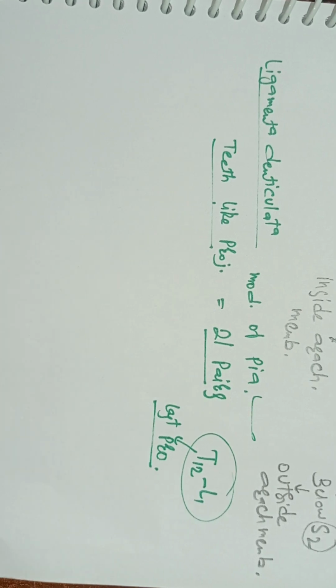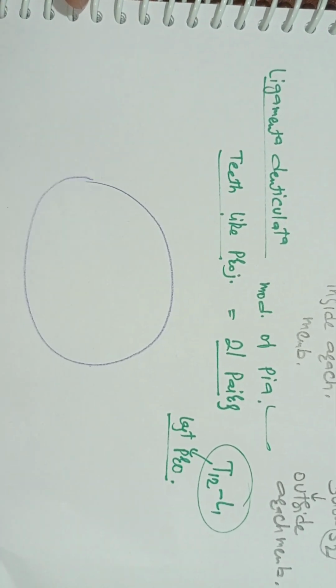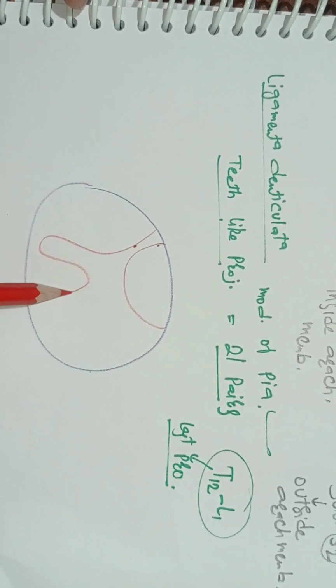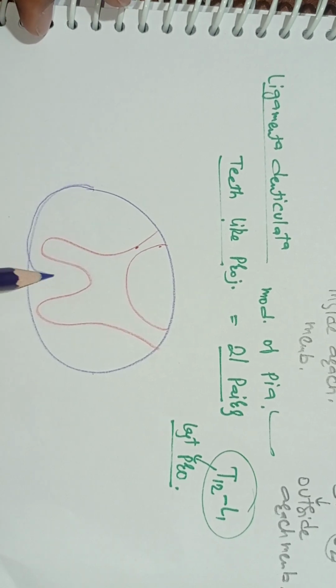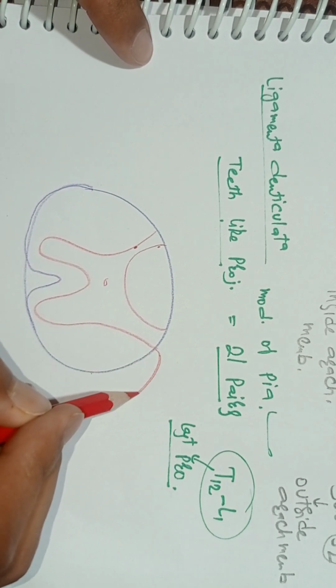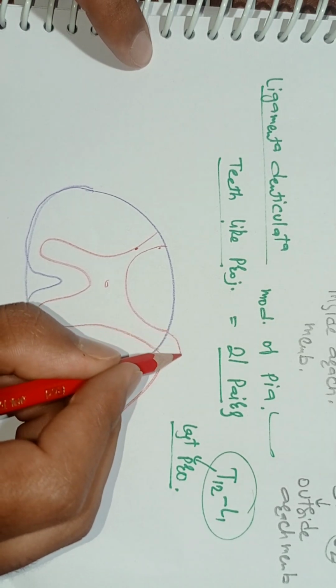Now we will draw the diagram of the ligamenta denticulata. First, we will draw the spinal cord. Consider this as pia, and inside the pia we have the spinal cord like this. From here goes one root, and from here goes another root.